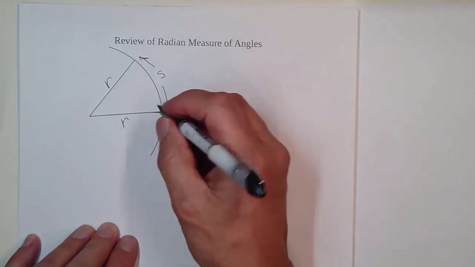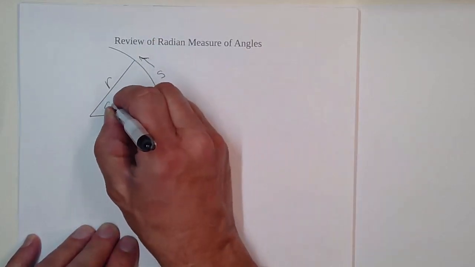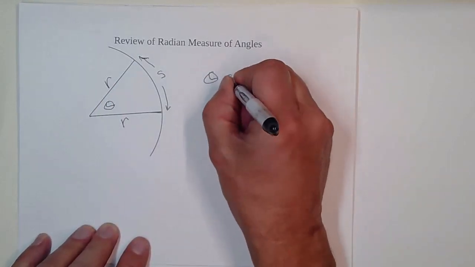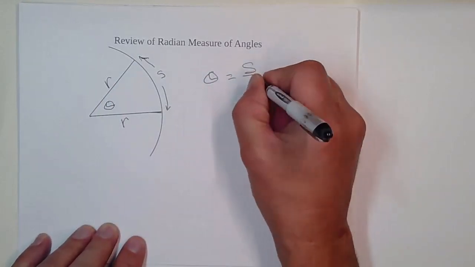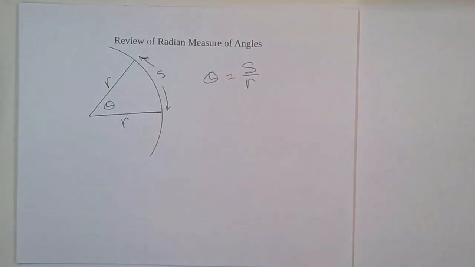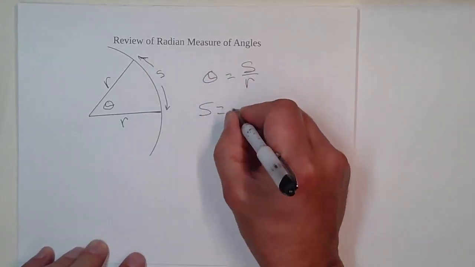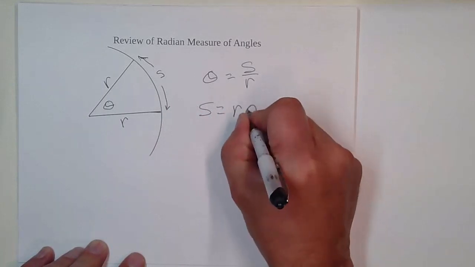The measure of this angle theta in radians is equal to S over R. And so that's going to be something fairly important in what we're doing. Also, the arc length S is going to equal R theta.